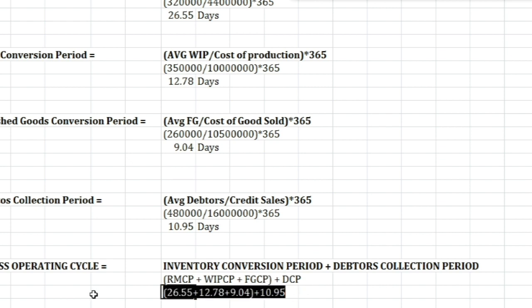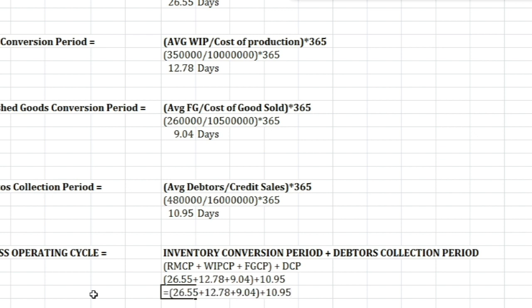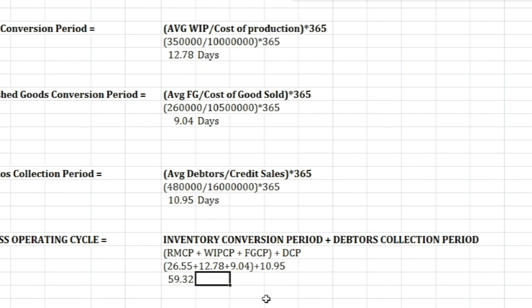The final answer for the gross operating cycle is 59.32 days. This is the gross operating cycle answer.